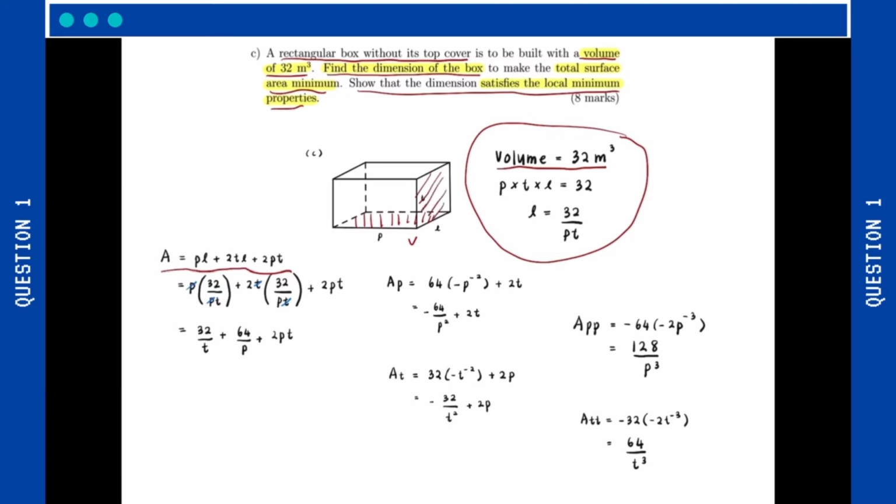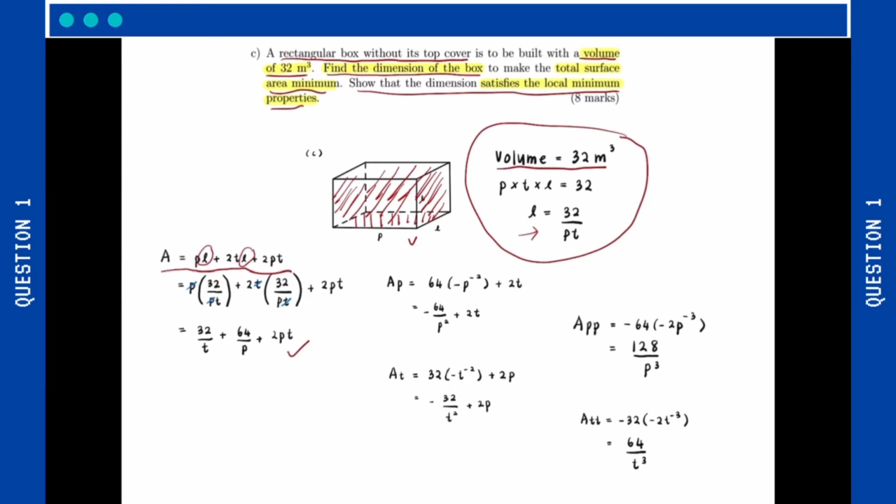It has two surfaces, so we multiply by 2, plus 2P times T. Here, it also has two surfaces, so we multiply by 2. After that, we substitute L with the value that we got earlier, which is 32 over P times T. Then we get this last equation for total surface area.